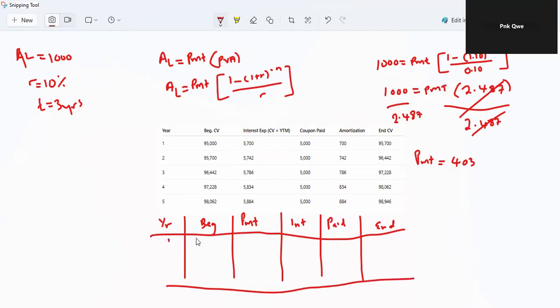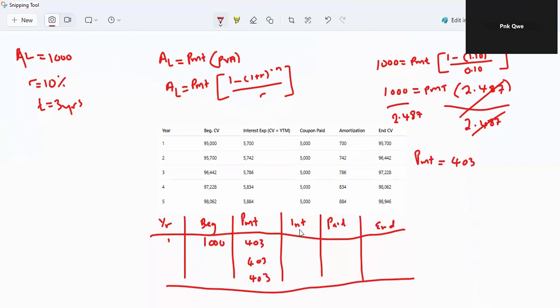In year one, we had the beginning amount of 1,000. The periodic payment is 403. We calculated it throughout, so you can put 403 throughout, copied and pasted.